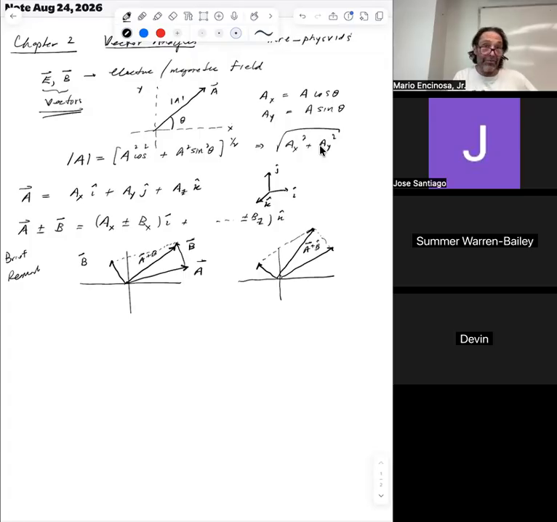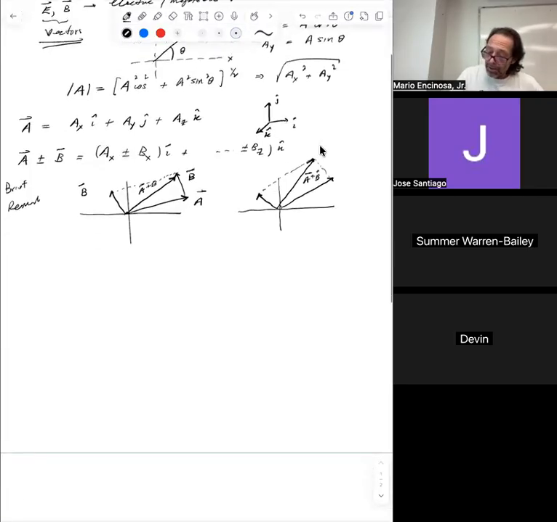So that's a very brief review of how to add vectorially on a piece of paper with arrows. Graphical subtraction works too, because if B points this way, the negative of B is in the opposite direction. If A points this way, the opposite of A is in this direction.